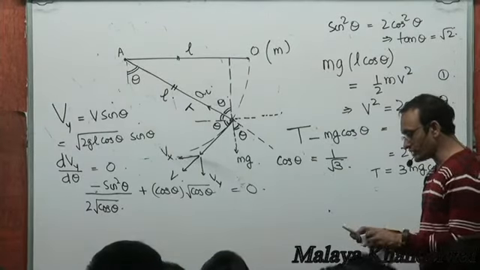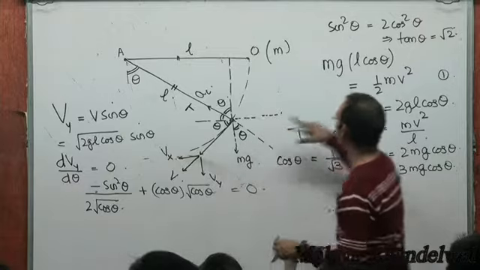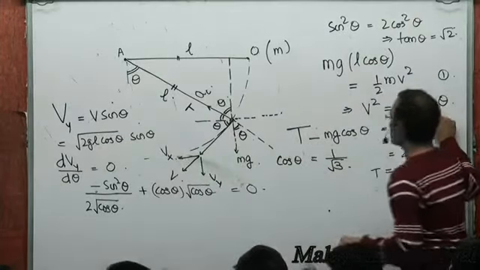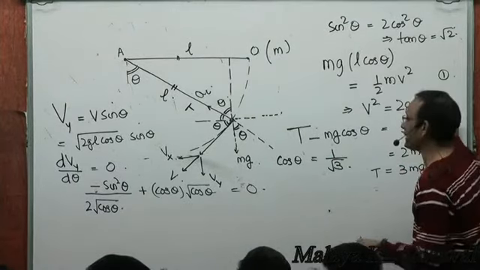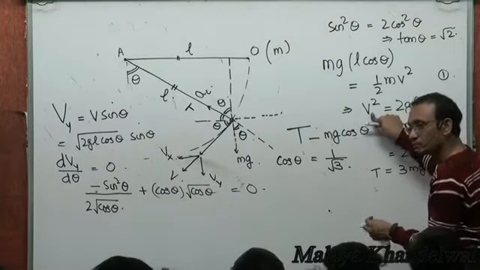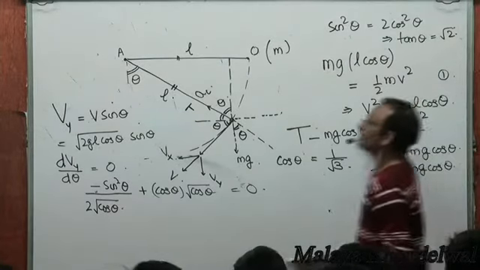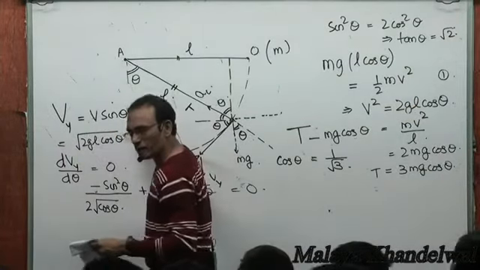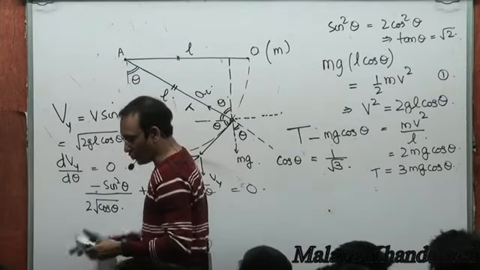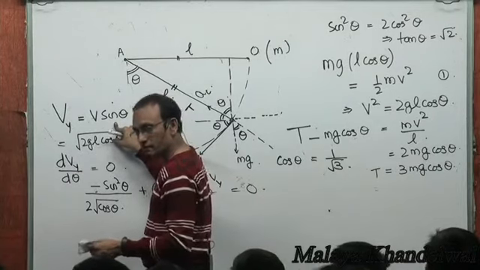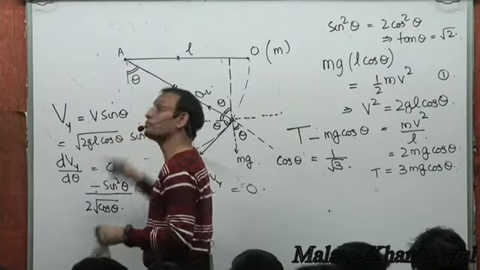Ratio of maximum vertical velocity. We know the maximum vertical velocity from these considerations. We know the maximum cos theta is 1 by root 3, we know V max, and then the corresponding Vy can be obtained. We want to find the maximum vertical velocity divided by the maximum horizontal velocity.